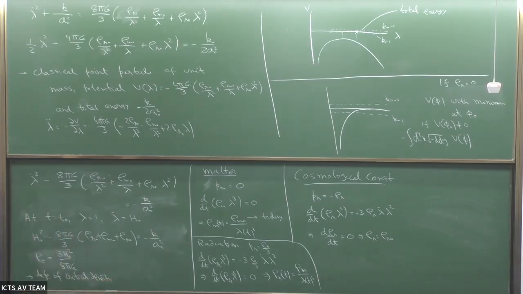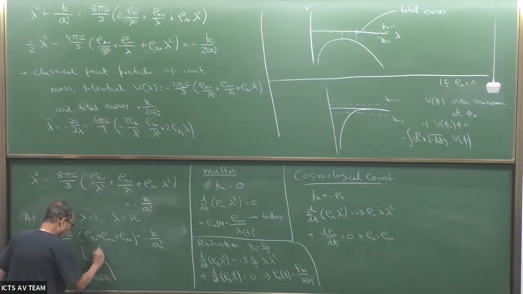This has the dimension of density, that's why we call it critical density. So if you do that and divide this equation by H0 square, you can write this equation as 1 over 1 minus 1 over rho C.